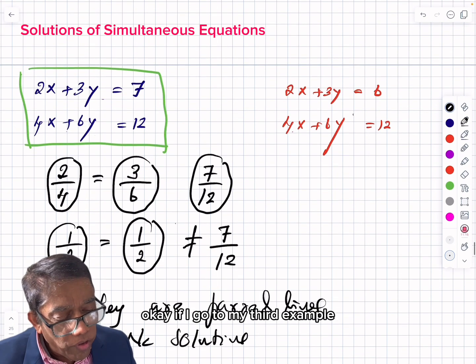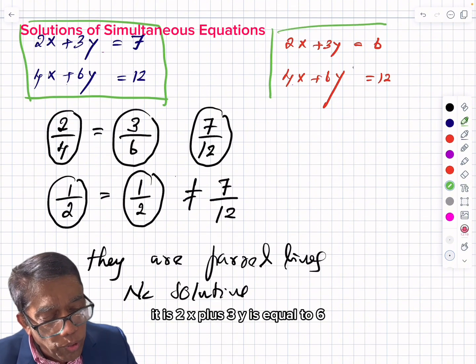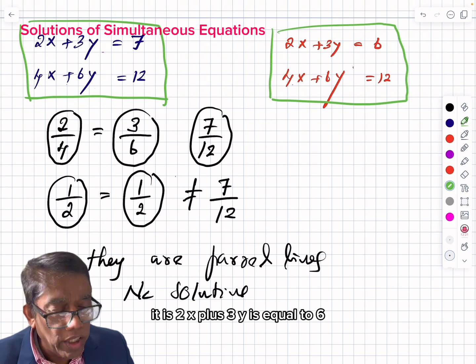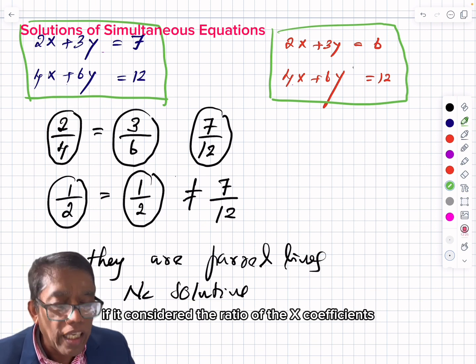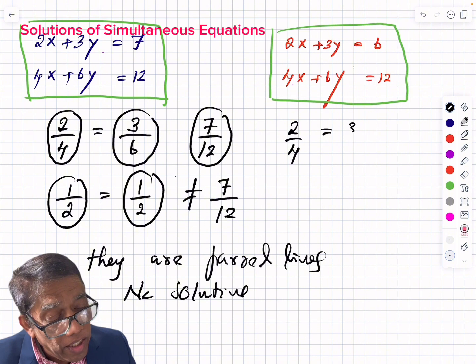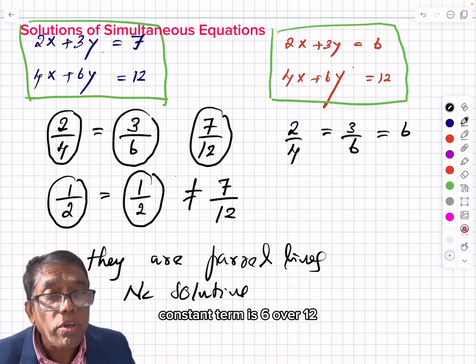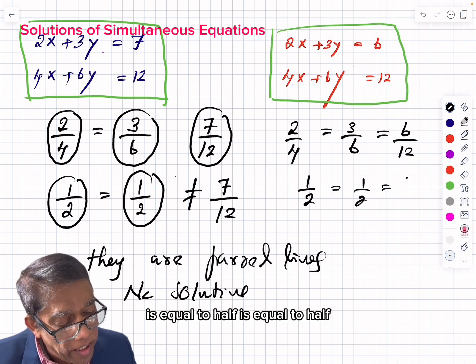Okay, if I go to my third example, it is 2x plus 3y is equal to 6, 4x plus 6y is equal to 12. If we consider the ratio of the x coefficients, 2 over 4, y coefficients is 3 over 6, constant term is 6 over 12. 2 over 4 is half, is equal to half, is equal to half.